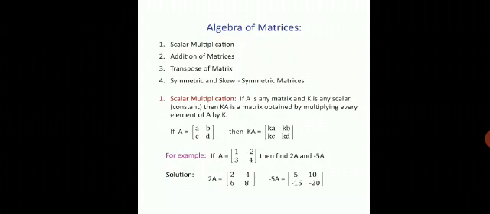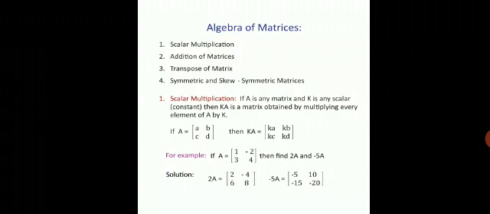So, matrix A is multiplied by the scalar term 2, we get 2 ones are 2, 2 into minus 2, minus 4, 2 threes are 6, 2 fours are 8.